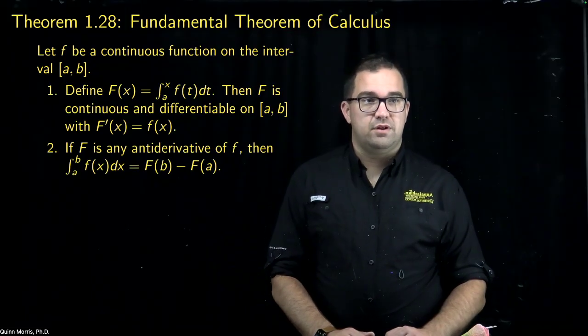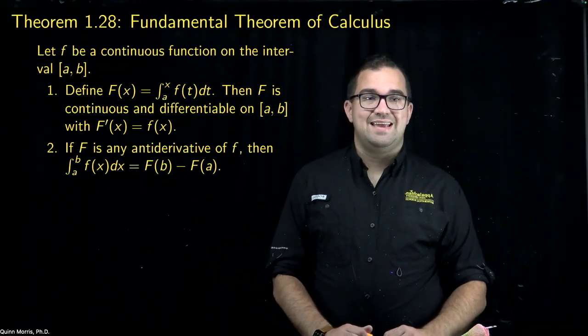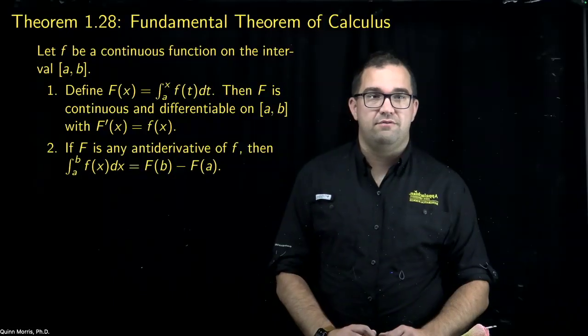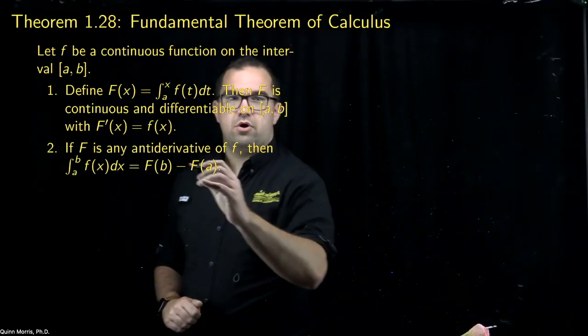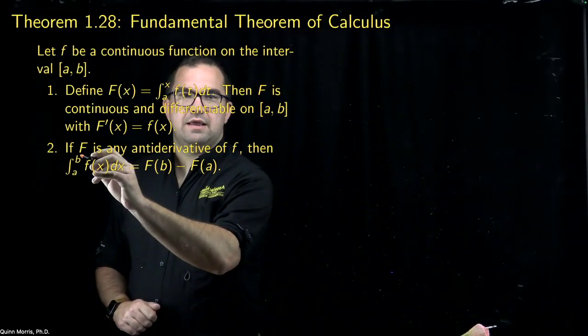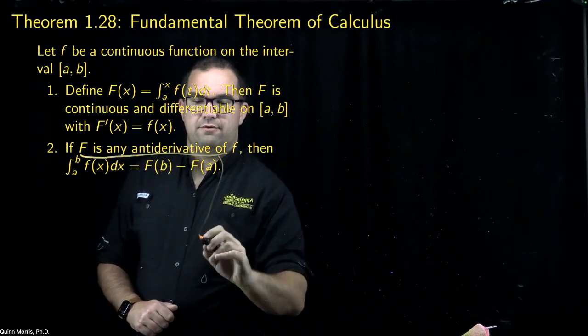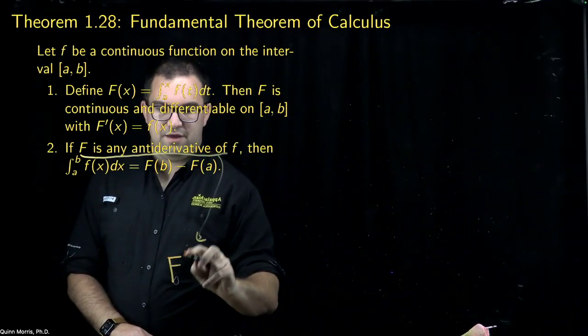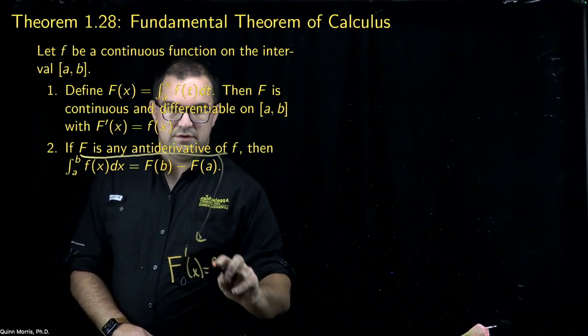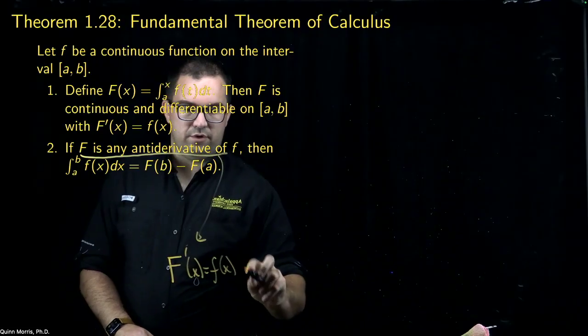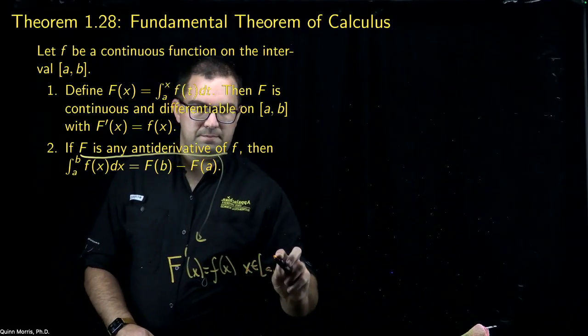The second part of the fundamental theorem of calculus says if I take any antiderivative of f, so just recall, we say that capital F is an antiderivative of f, that really just means capital F prime of x is equal to f of x for x in the interval ab.